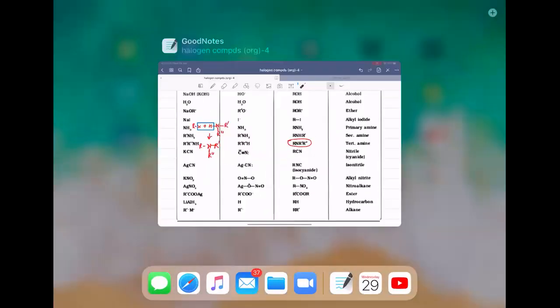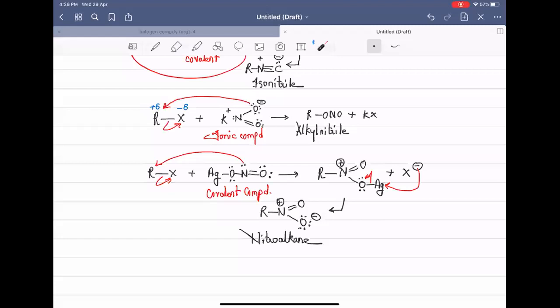I explained the entire thing right here: KNO2 is ionic, and hence you have NO2 minus ion reacting as a nucleophile, in which oxygen is negative, so it attacks first, because a negative charge is more nucleophilic.